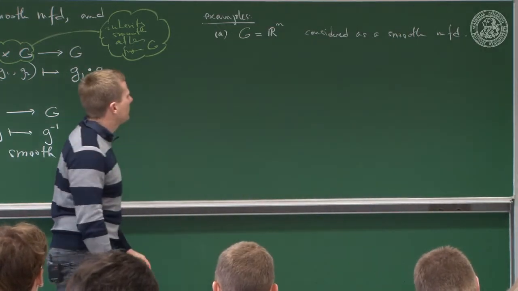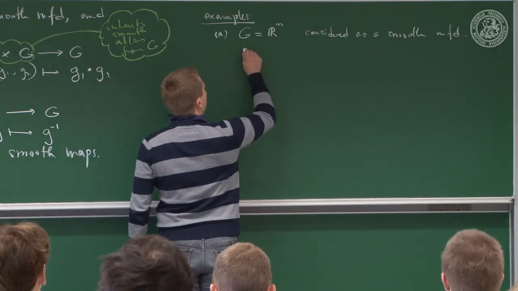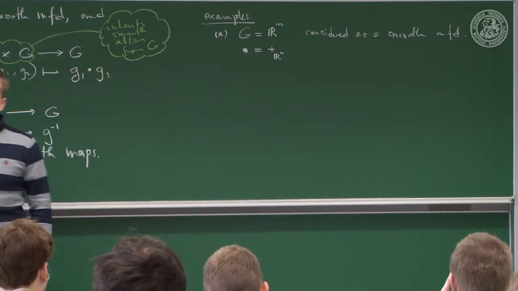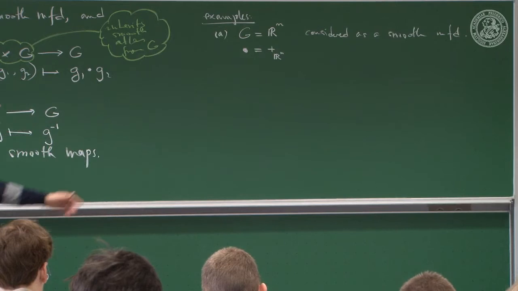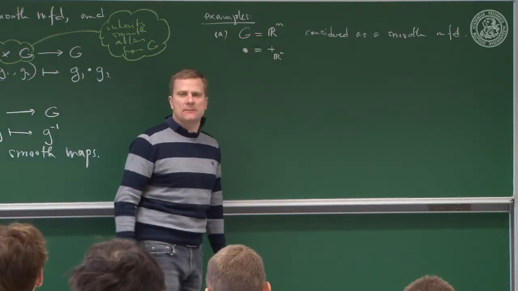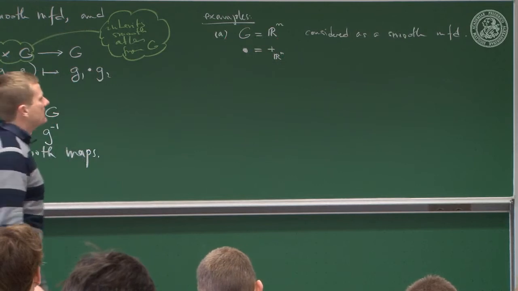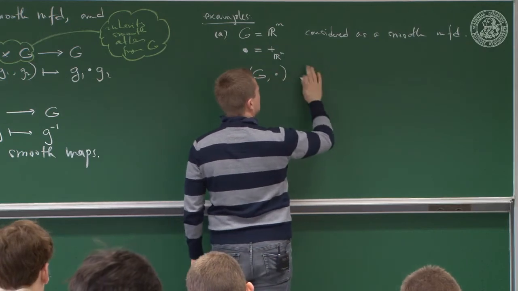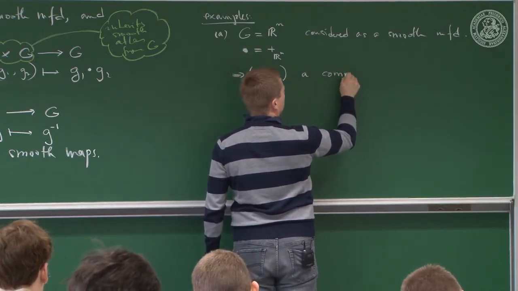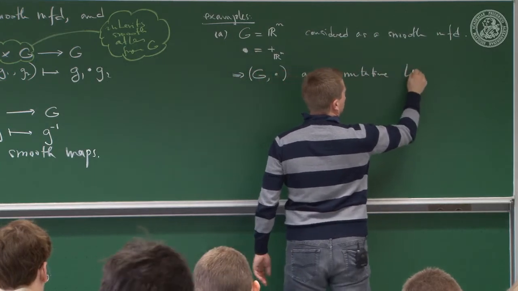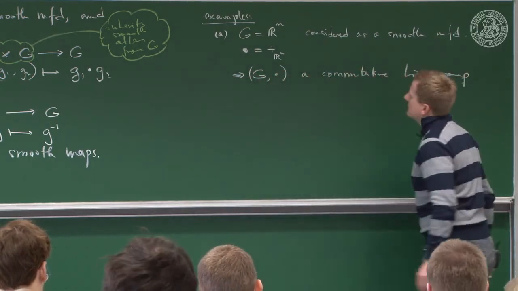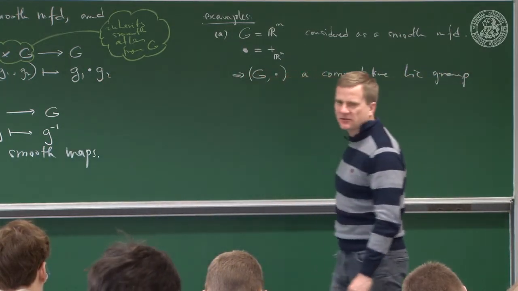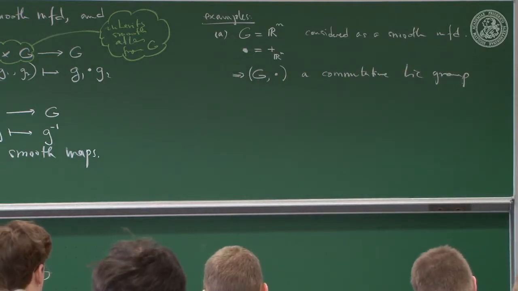And as the blob operation, we simply take the addition on R^n. So you compose two elements in here by simply adding them component-wise. Now, this makes G with the blob a commutative Lie group, because the addition and the inverse, which is of course taking the opposite vector, are smooth.